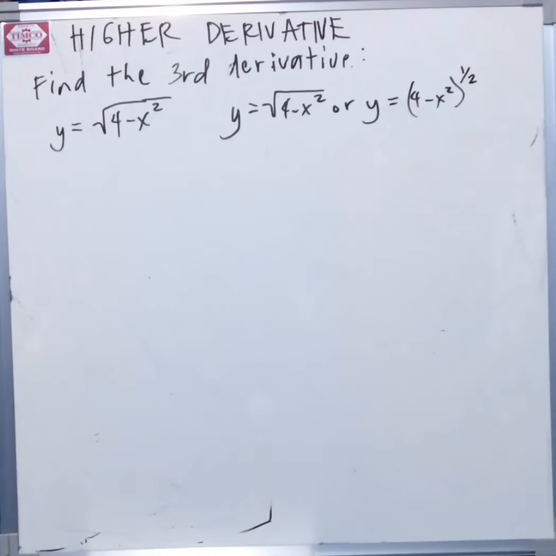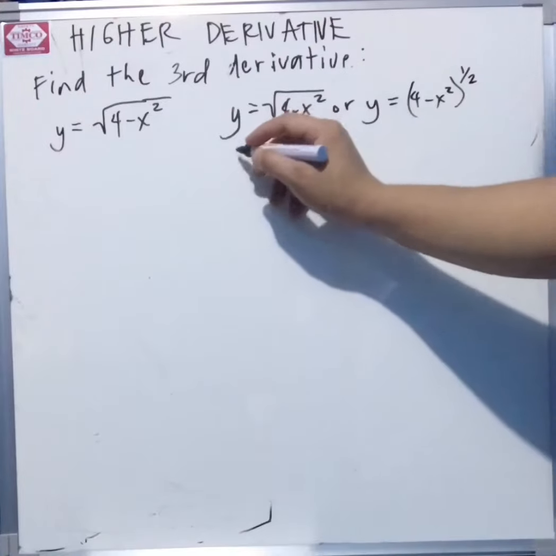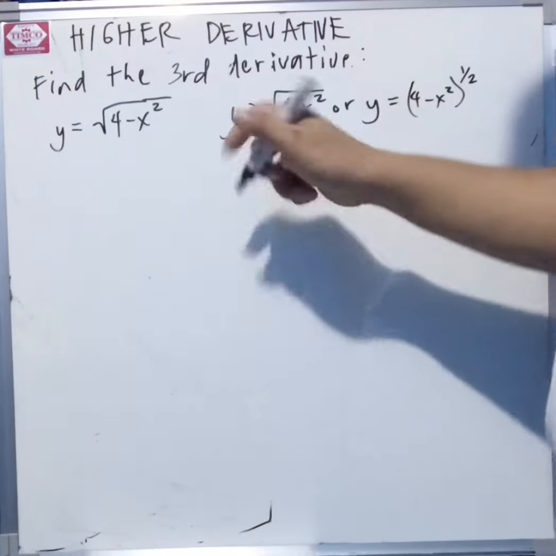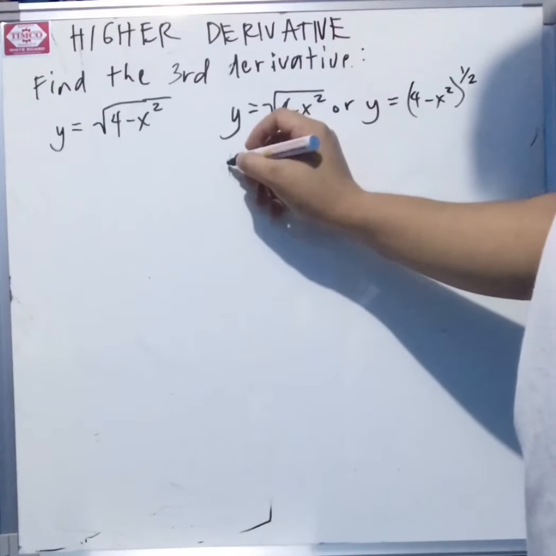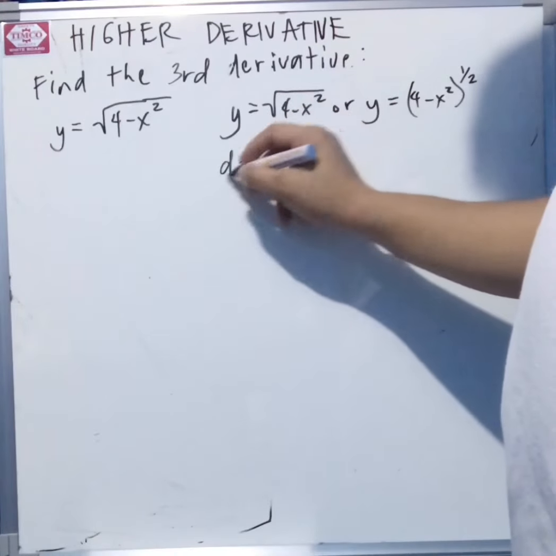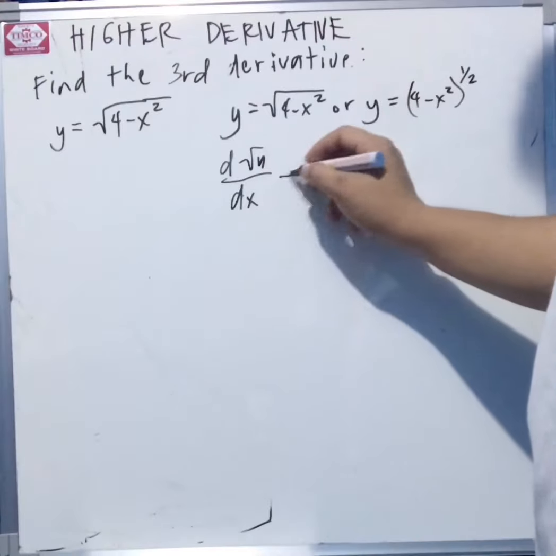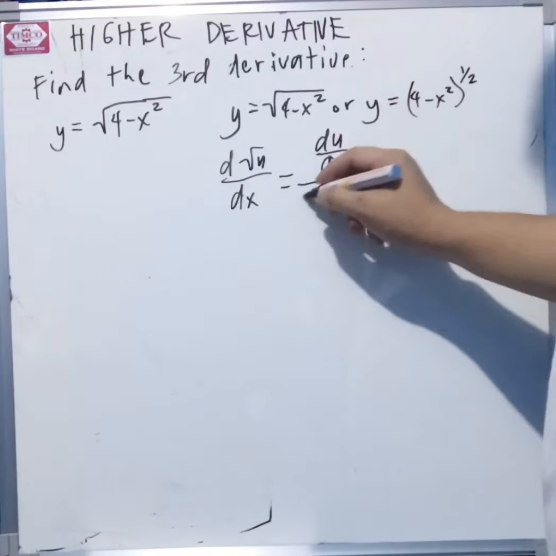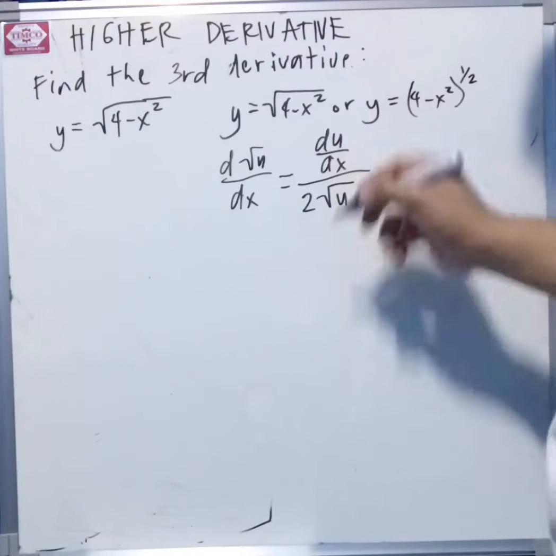We have a formula for the derivative of the square root of u: it equals du over dx, all over 2 times the square root of u.